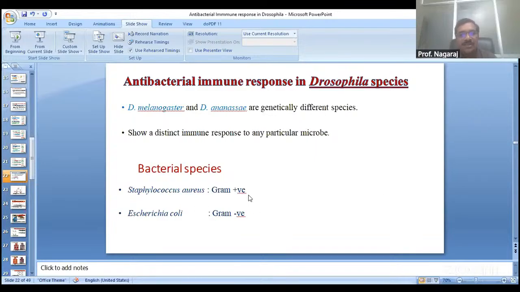One is gram-positive bacteria, Staphylococcus aureus, and the other is gram-negative bacteria, Escherichia coli. Throughout this work, we used these two bacterial strains to see whether there is a difference in the immune response and how genetically this immune response or AMPs have evolved or adapted in the different species.